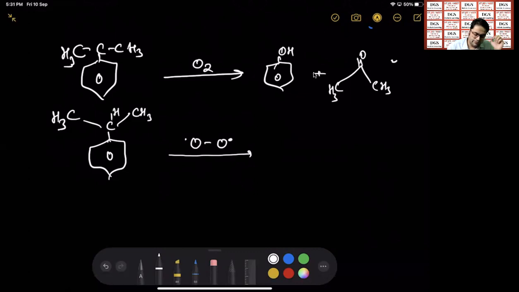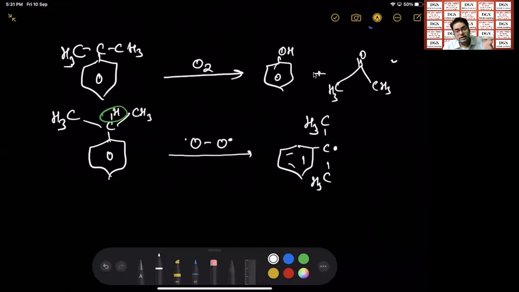And as we can see, this hydrogen, the benzylic hydrogen, is more easily abstracted, because it will lead to, let's make it like this, this is CH3, this is CH3, a benzylic free radical, which is more stable. Okay, this is more stable, this is more liable to form.